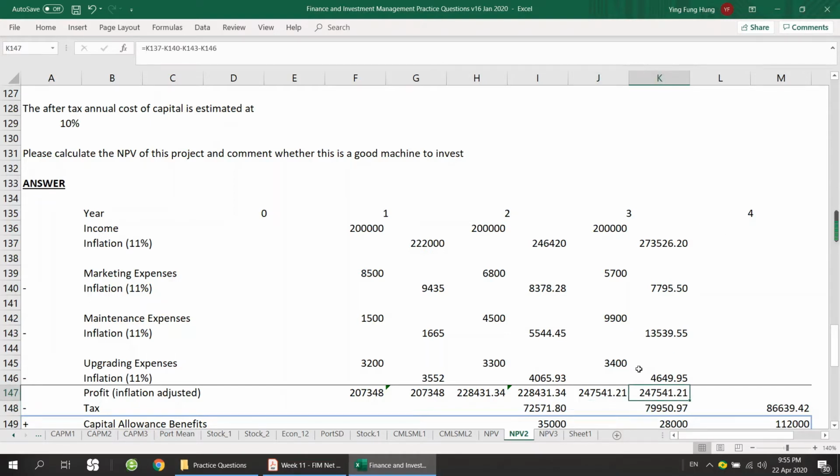Or similarly, another way that we can do this is taking all the inflation adjusted numbers that we calculated a while ago and then simply subtracting all of these expenses from the income.